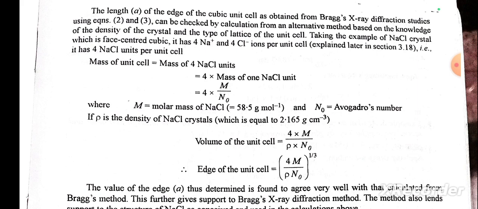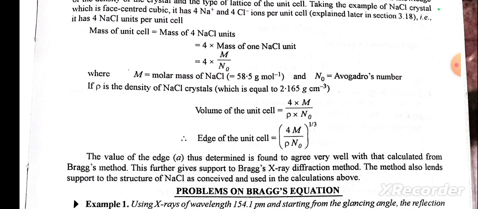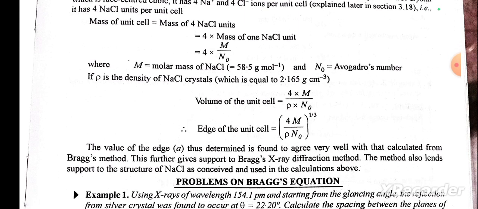Taking the example of an NaCl crystal, which is face centered cubic, there are 4 Na plus and 4 Cl minus ions per cell. So there are 4 NaCl units per unit cell, and the mass of the unit cell is 4 times the mass of one unit, which is 4 into M by N naught.